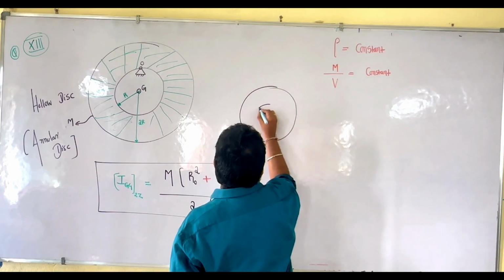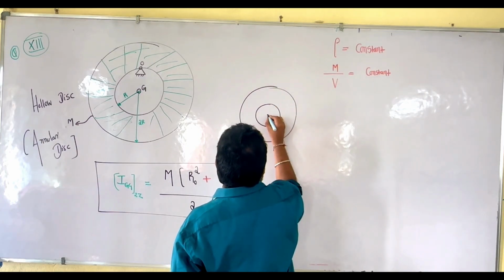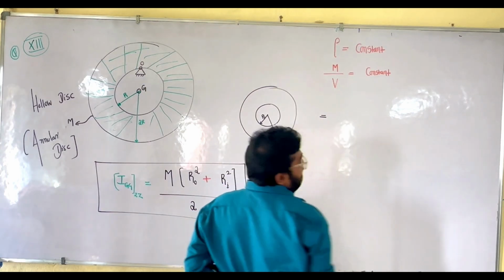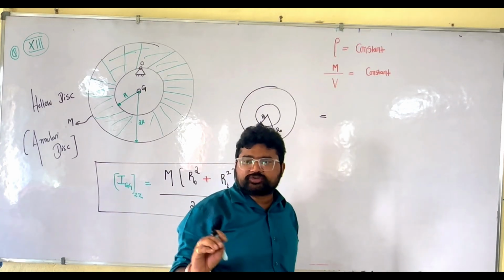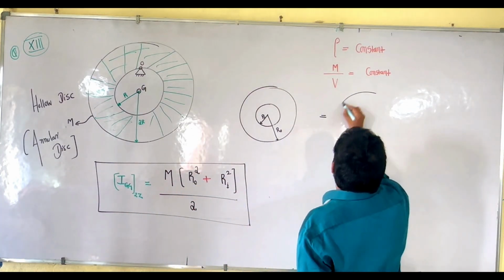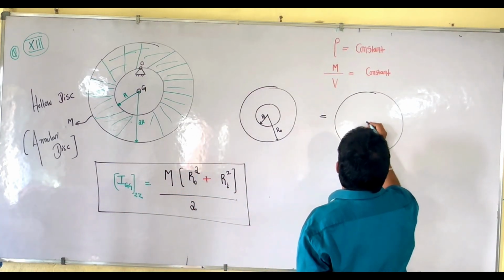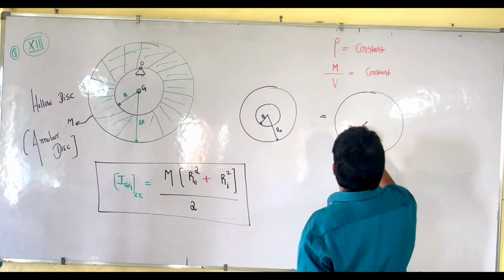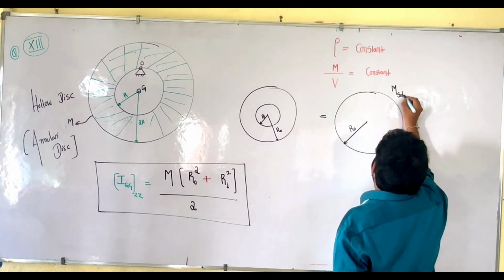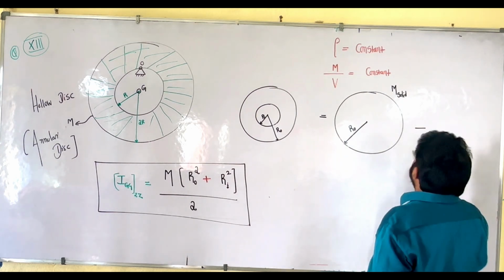How to get a hollow disk? This is inner, this would be outer. We need to remove some mass from the solid disk. This is the mass of the solid disk with radius R0.